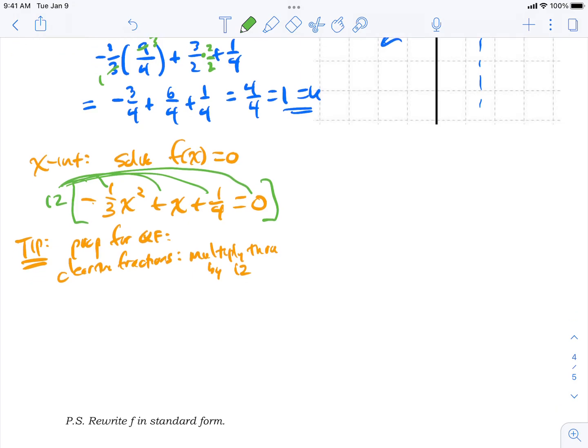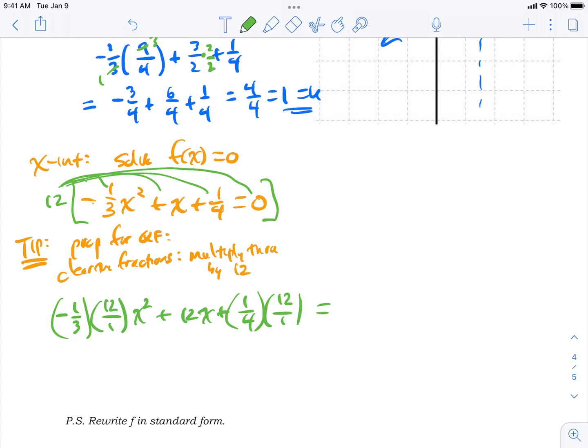So you have negative 1/3 times 12 x squared, and 12x, and then the 1/4 times 12, and then the 0 times 12. Then all these fractions cancel. 3 goes into 12 4 times, so I've got a negative 4x squared plus 12x plus, and 4 goes into 12 3 times. Now, isn't that nicer already? That is so nice. I'm going to do one more thing.